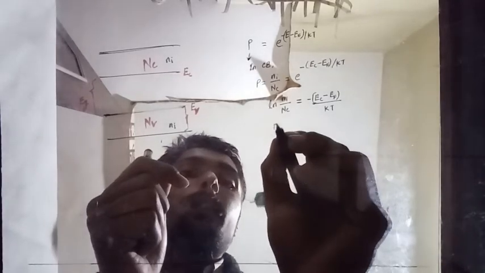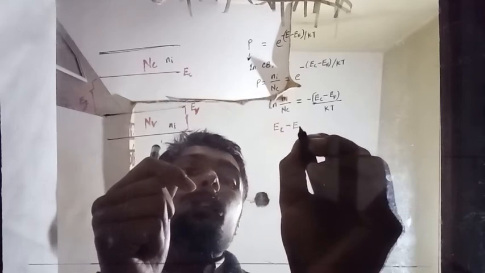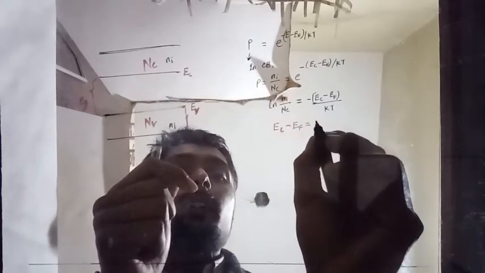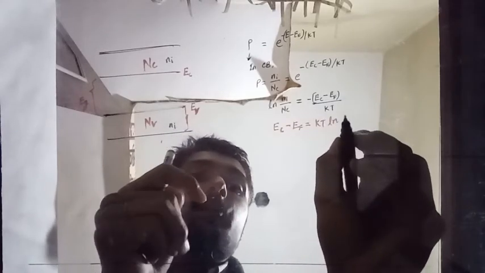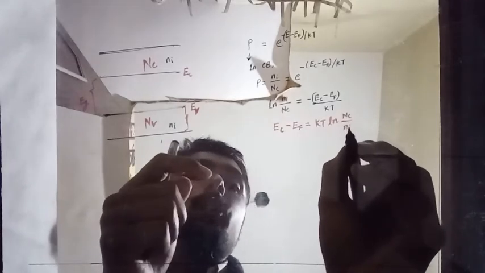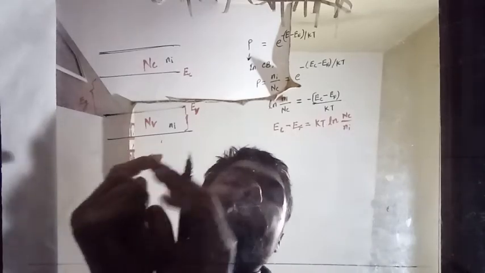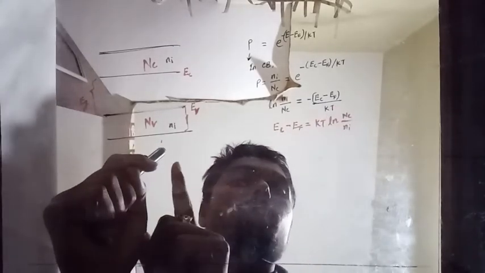So simply we have the equation: conduction band minus Fermi level, Ec minus Ef, is equal to KT ln Nc upon Ni. We all know that Nc is always greater than Ni, because in the example I showed at the start, only one electron was removed. It means Ni was only one, but vacancies were 4. Alright. This is our first equation.